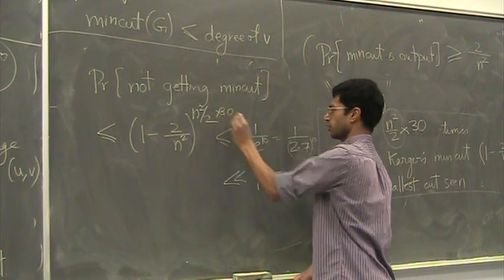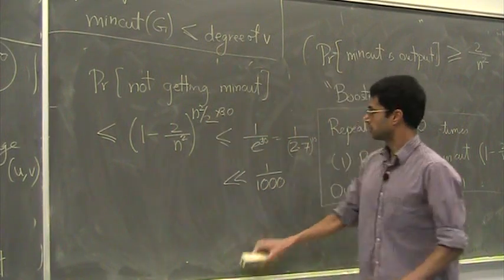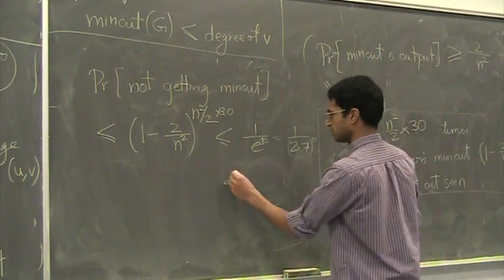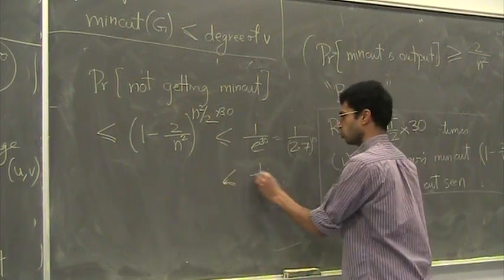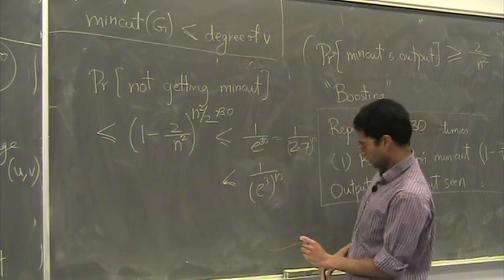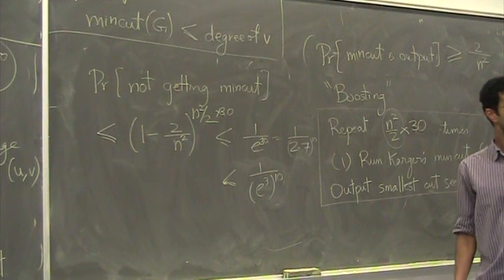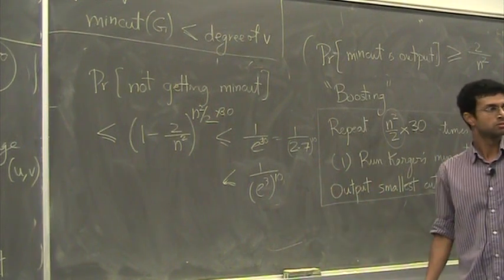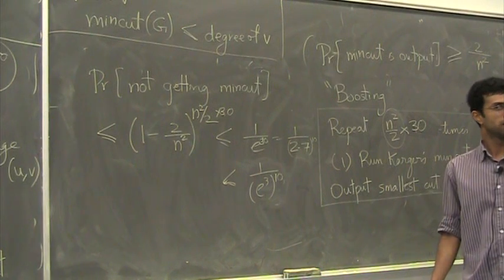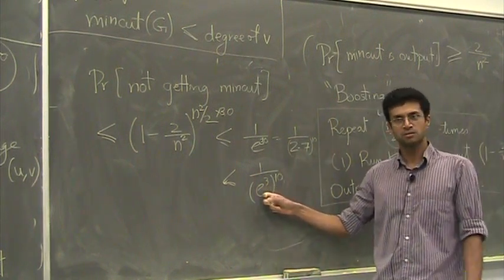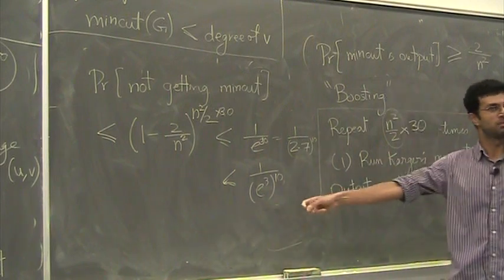Because you get 1 over e to the 3 to the power 10, and it becomes much, much smaller. Like e to the 3 is definitely more than 10, so that's less than a billion basically.